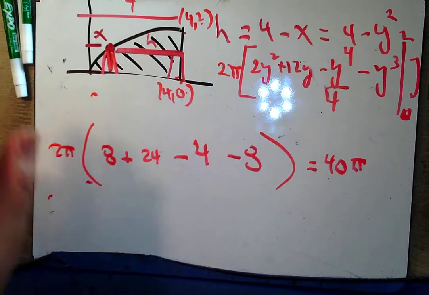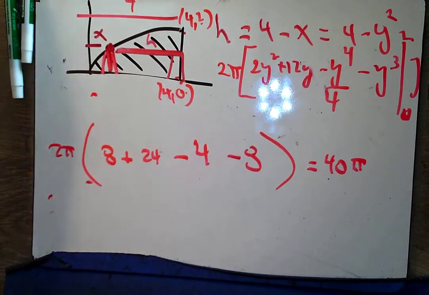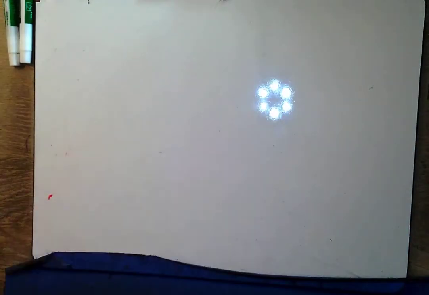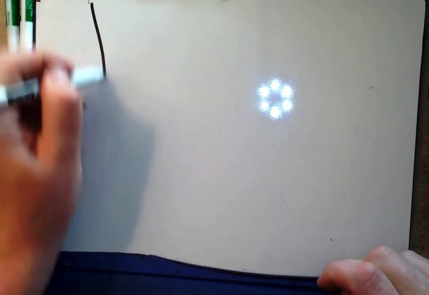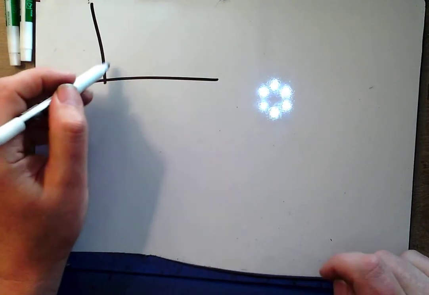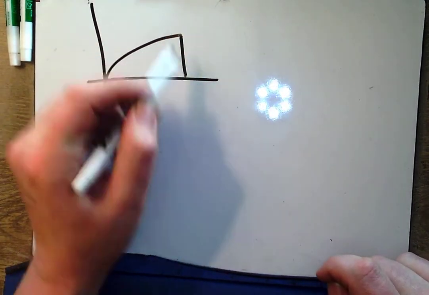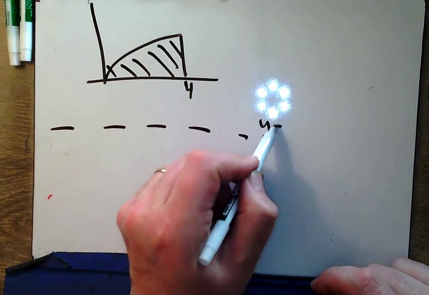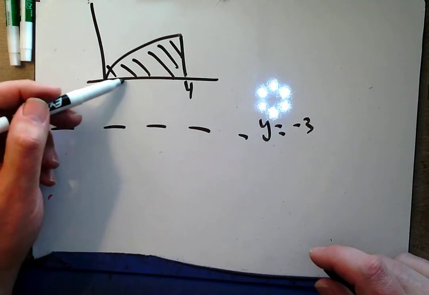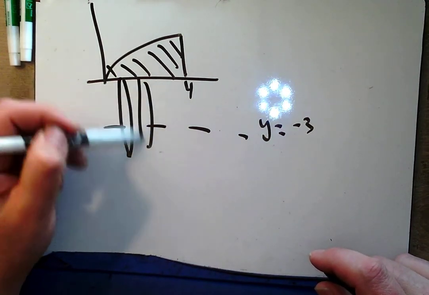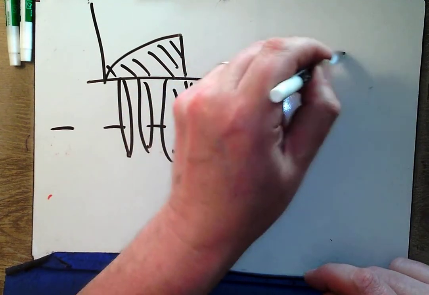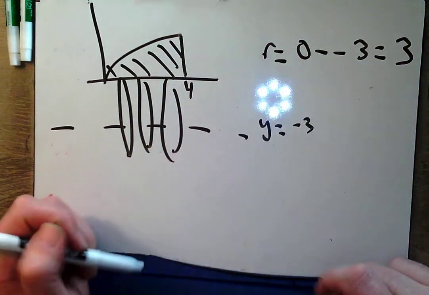Station 8. Ooh, now we want to do the same thing using washers. Okay, so we have this region from 0 to 4, going around y equals negative 3, and I see my inner radius is always 0 minus 3, or 3.